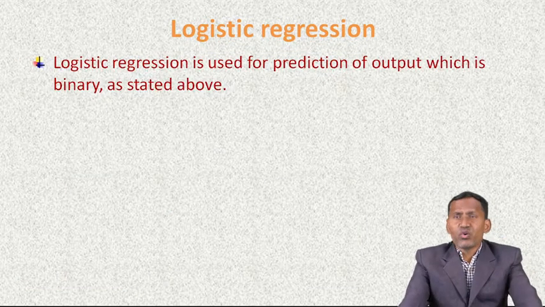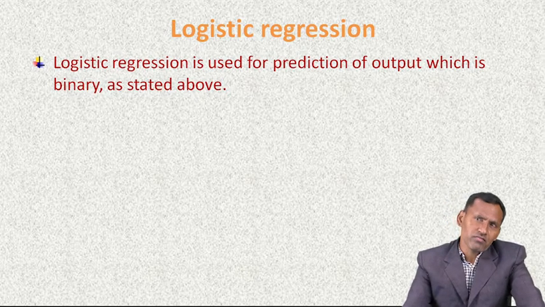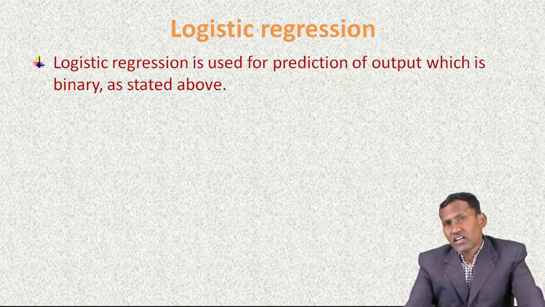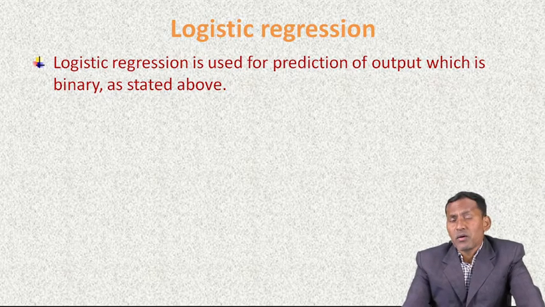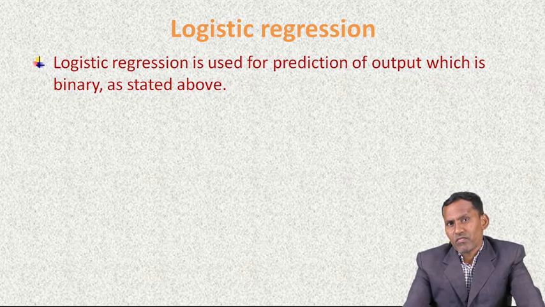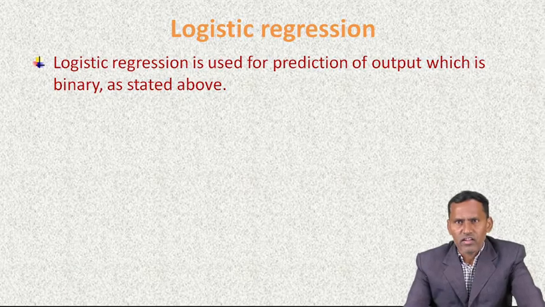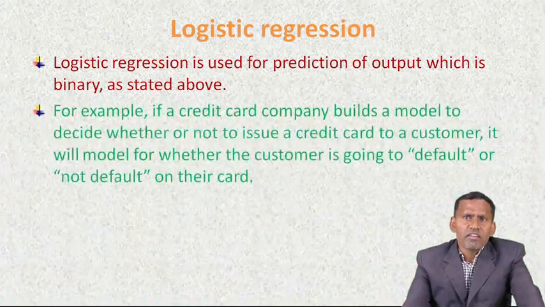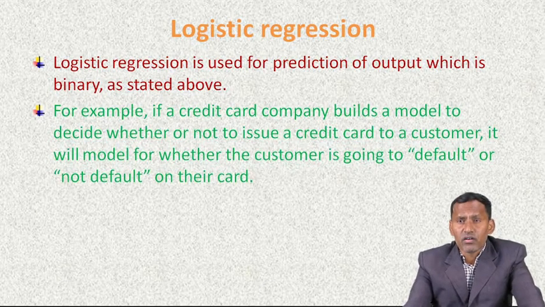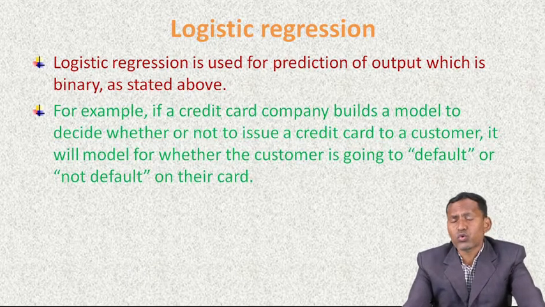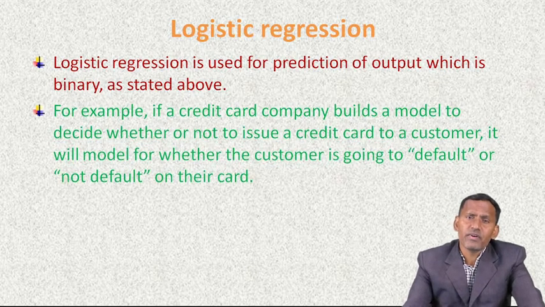Now, logistic regression is used for prediction of output which is binary, as stated above. As per binary classification, logistic regression predicts output in binary format, like 0 or 1, male or female, yes or no. For example, if a credit card company builds a model to decide whether or not to issue a credit card to a customer, based on his history and experiences the company can build a model.